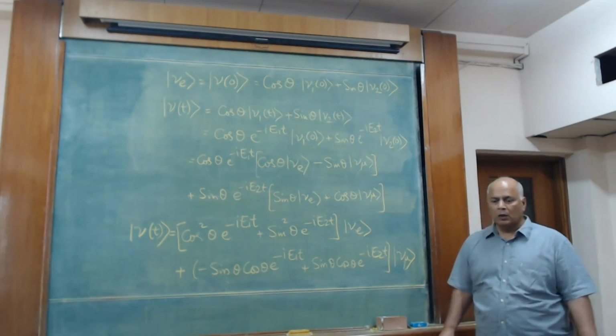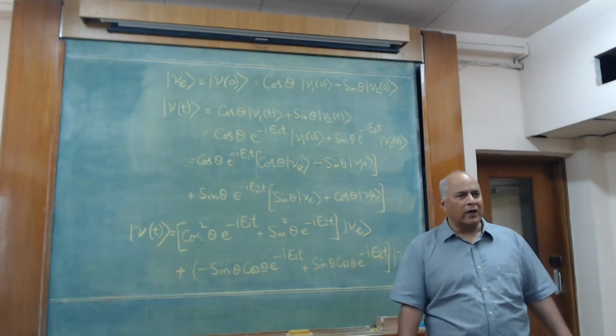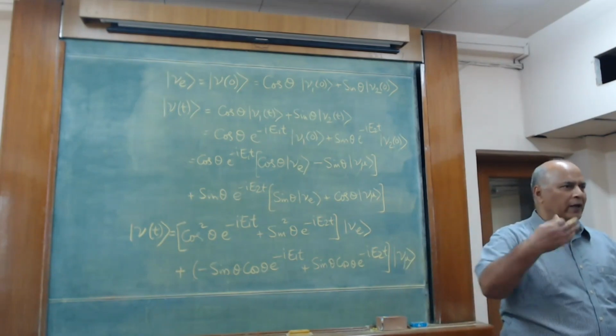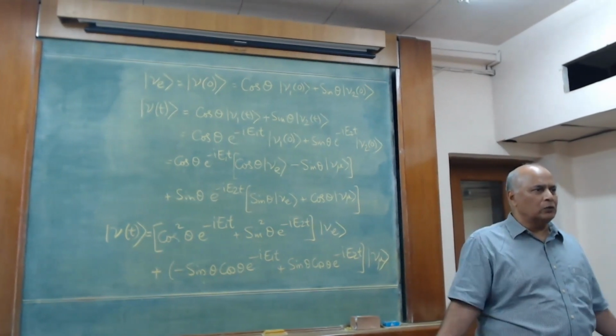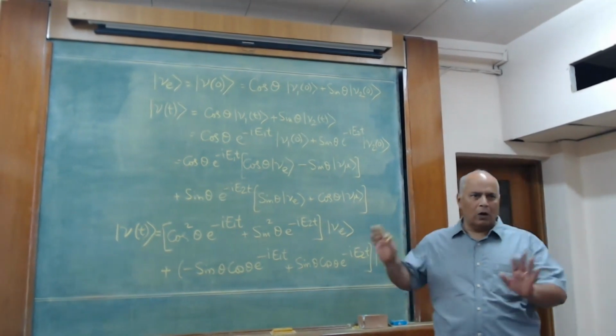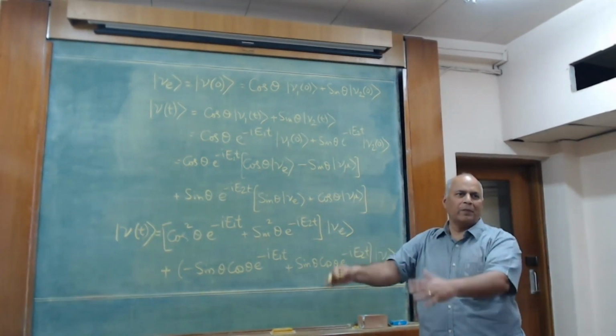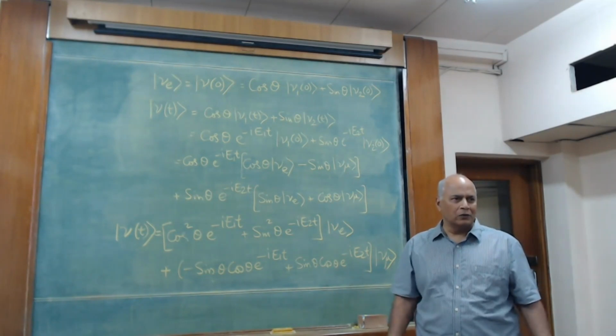So what started out as an electron neutrino is spontaneously turning into a muon neutrino. Not completely, but there is some probability for it to turn into a muon neutrino.